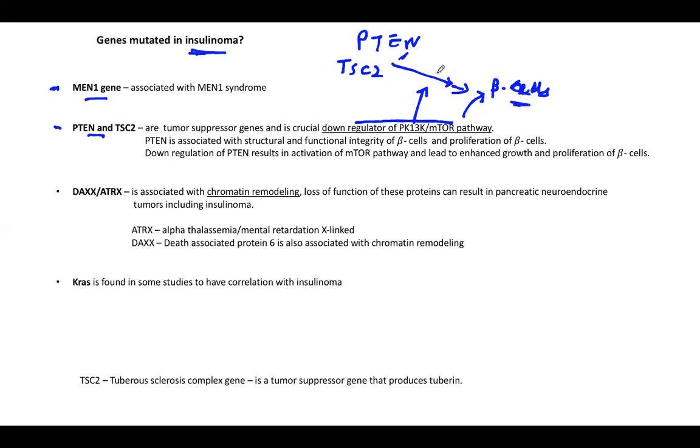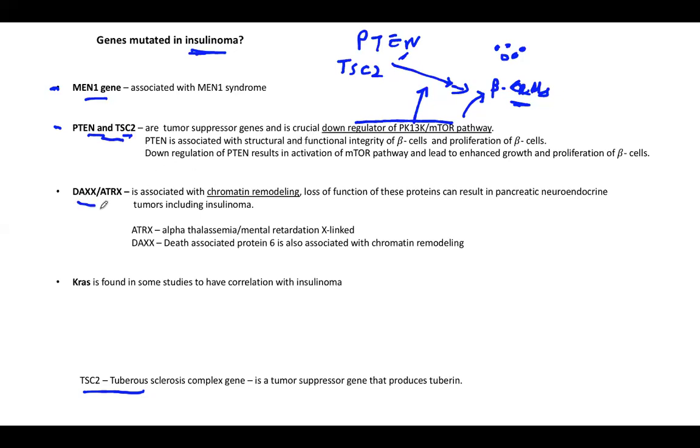The proliferation of beta cells is affected, and it results in overgrowth of beta cells, causing insulinoma. So one is MEN1 gene, then PTEN and TSC2. TSC2 is actually tuberous sclerosis complex gene, a gene associated with tuberous sclerosis. So PTEN and TSC2 regulate the PI3K and mTOR pathway.